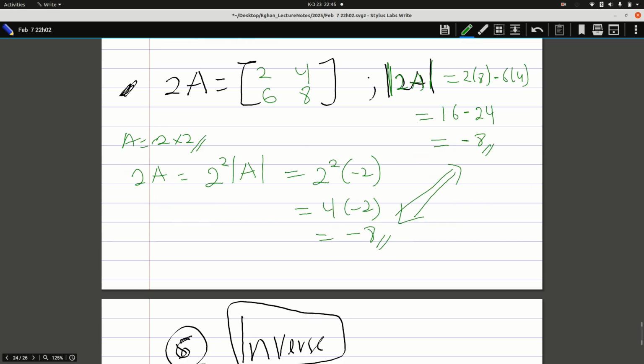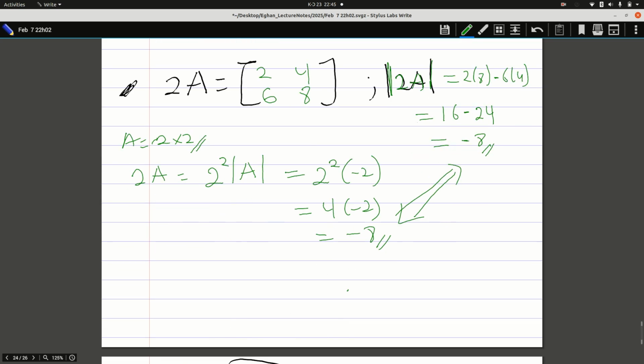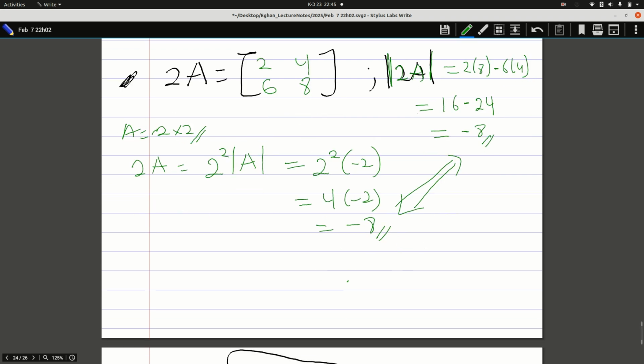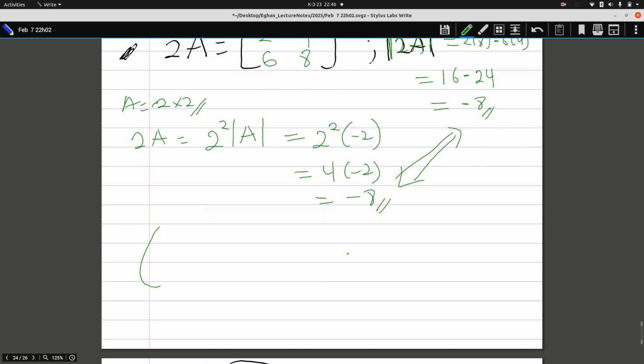You might think, why would I want to use these properties? It will become handy if you have a higher dimension matrix. So assuming my matrix B is 4 by 4, I have 2, 3, 4, 5, 1, 0, 1, 1, negative 1, 2, 3, 4, 0, 0, 1, 2.